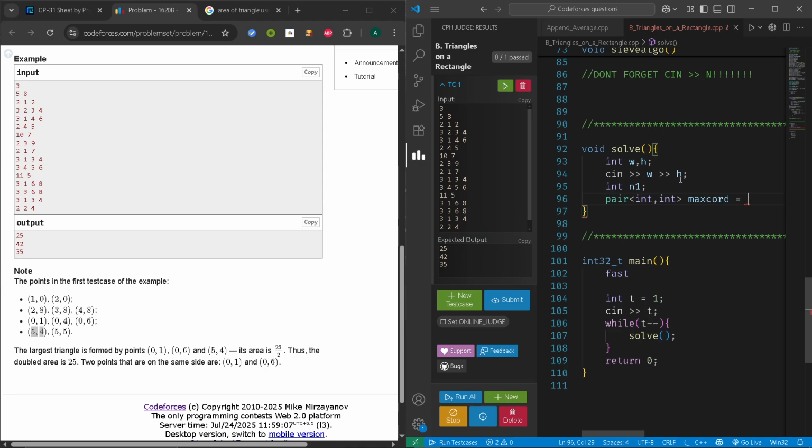It should contain the maximum distance, not the maximum coordinate.